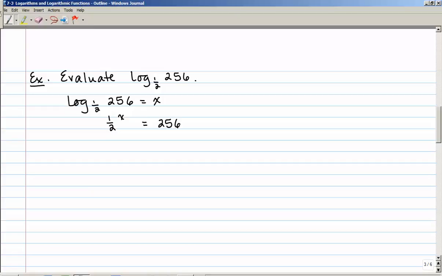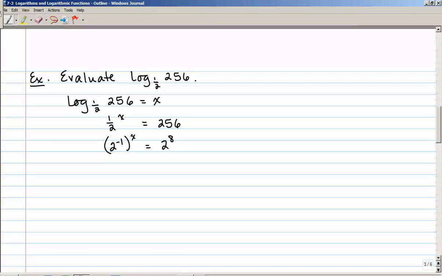Now let's use some of the tools that we learned in the last section about solving exponential equations. So 1/2 is 2 to the negative 1, and that's raised to the power of x. Now I'd like to write 256 with a base of 2, and if I try 2 to different powers in my calculator, I realize that 256 is actually 2 to the 8th power.